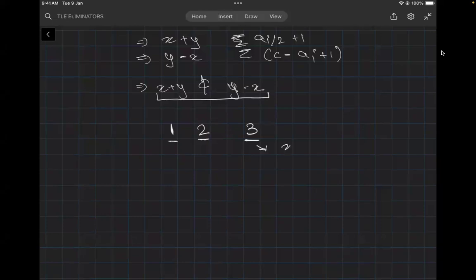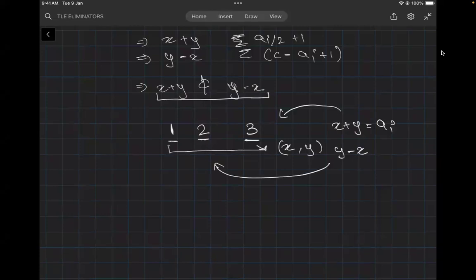How many x comma y are there such that x plus y is ai, and y minus x exists in this prefix. This is what I am going to count. And keep in mind that this is sorted and all elements are unique. Is this much clear, guys?